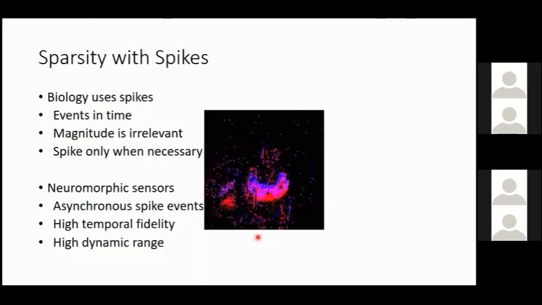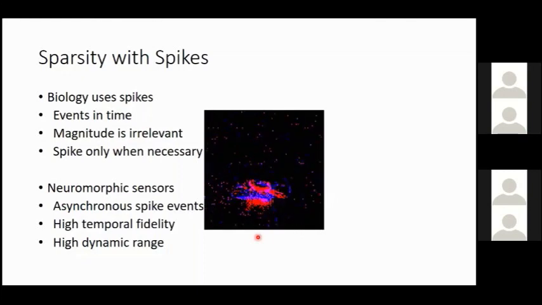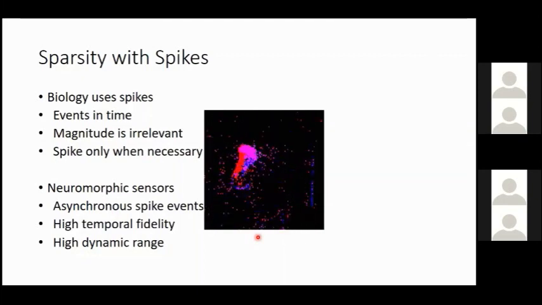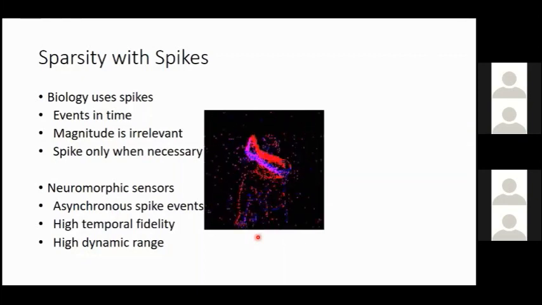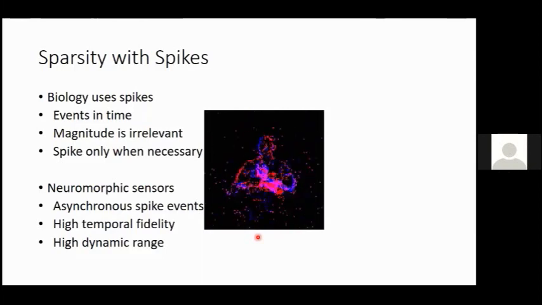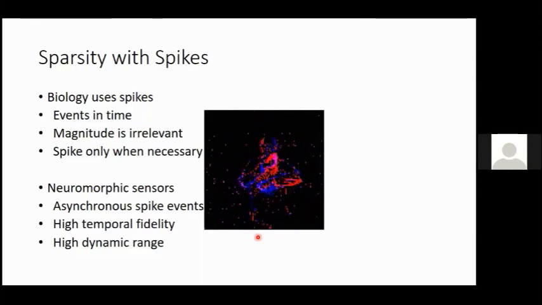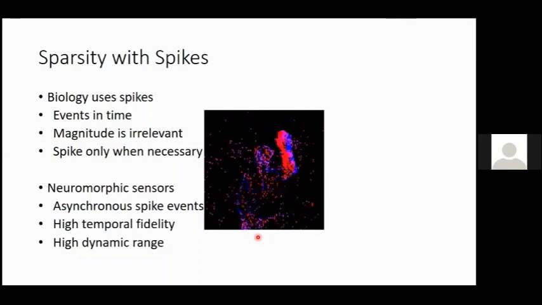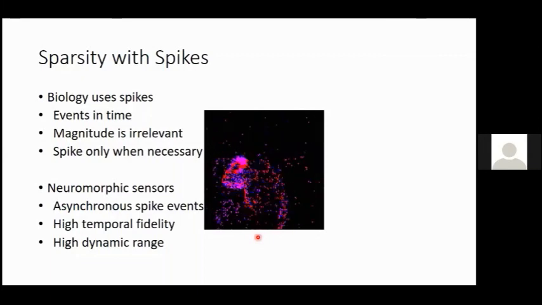This particular signal can have a temporal fidelity of a few microseconds. Compare that to a standard 24 frames per second camera, where the timing information in your frames is 42 milliseconds apart. That's orders of magnitude more. But when doing so, you don't spend a lot of energy. That's the key.